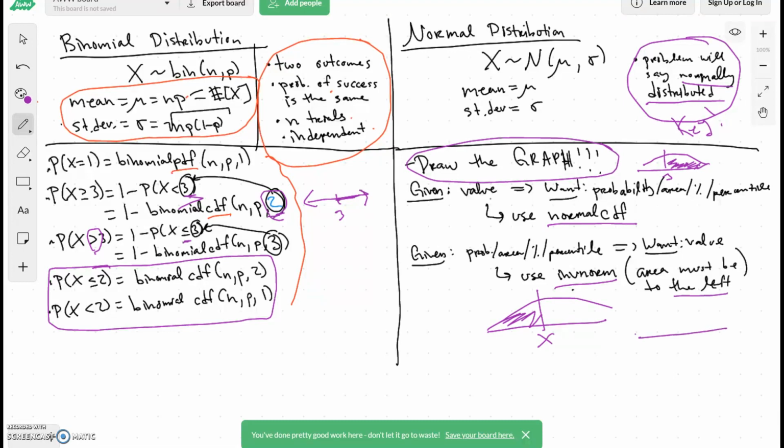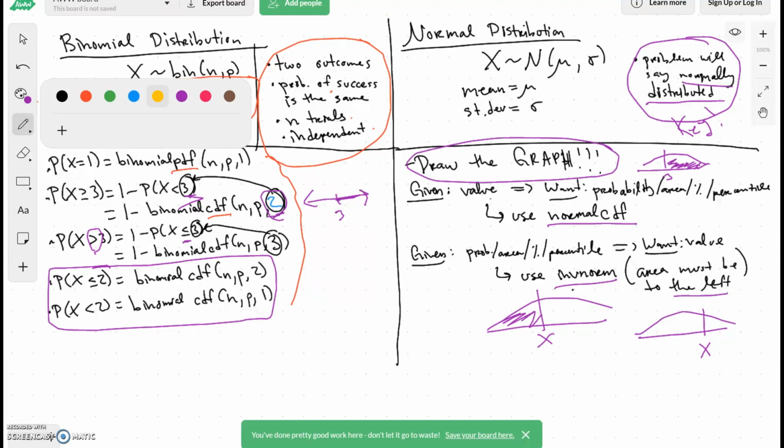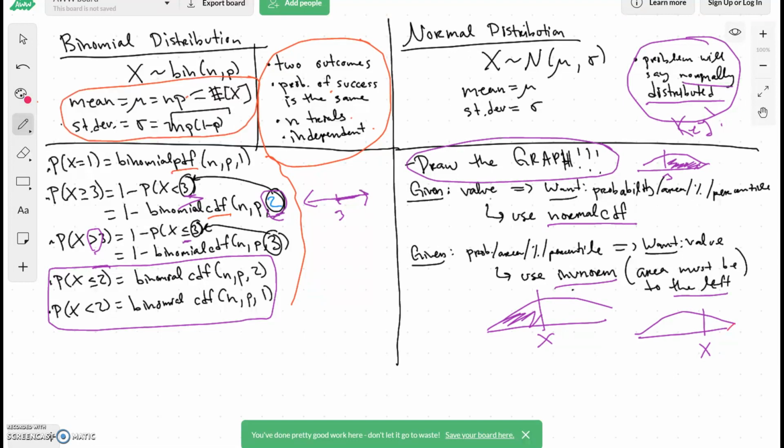So for example, if my area is on the right, and let's say this area was 0.2, we can't use 0.2 because inverse norm says I can only get the area to the left. So I'm going to do 1 minus: if this is 0.2, this should be 0.8. So 0.8 is what I'm going to write down for the area on inverse normal, okay?